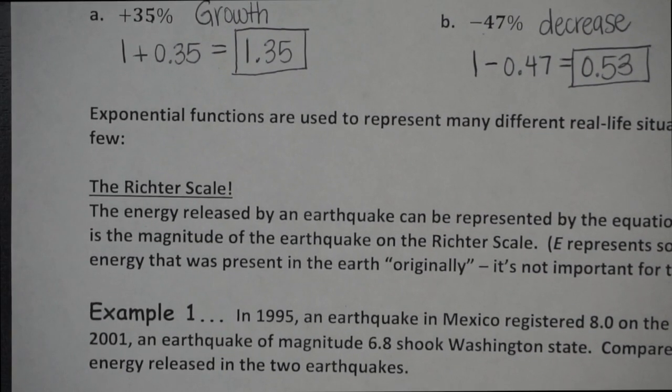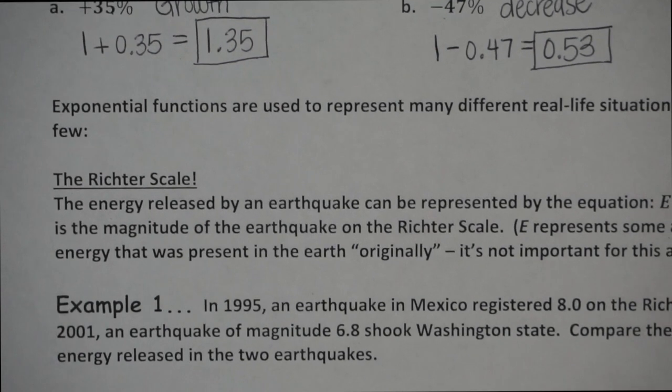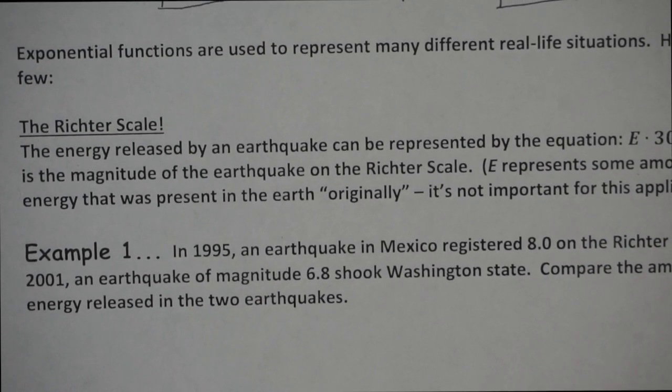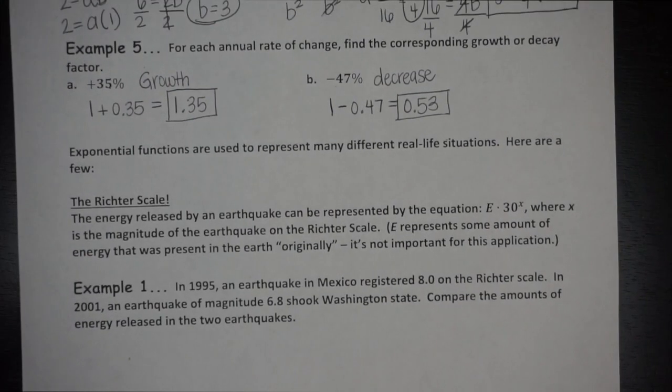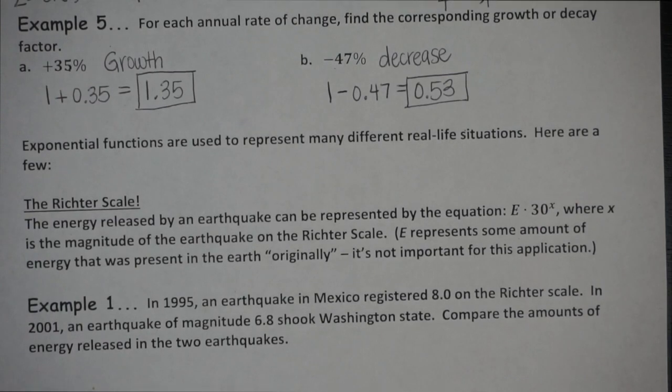All right, so exponential functions are used to represent many different real-life situations. Here are a few, and you will see problems like this on the homework and later on the quiz and test. The first real-world example type we're going to look at is the Richter scale.